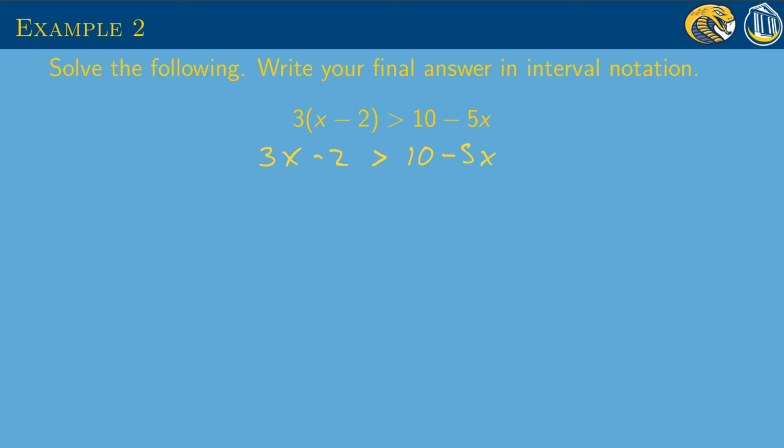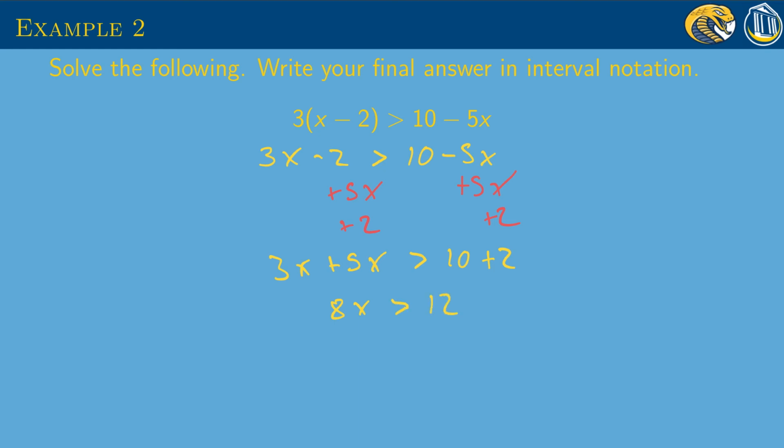As before, we'll add 5x to both sides, and while we're at it, we can add 2 to both sides. That gives us 3x plus 5x is greater than 10 plus 2, or 8x is greater than 12.